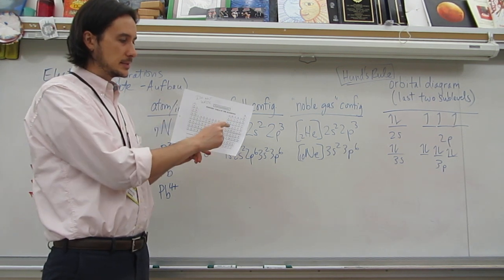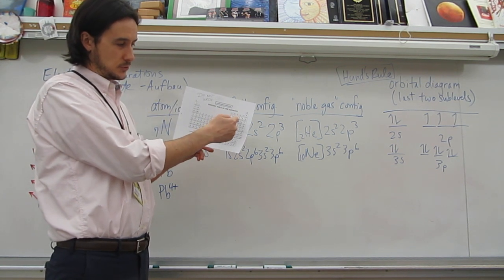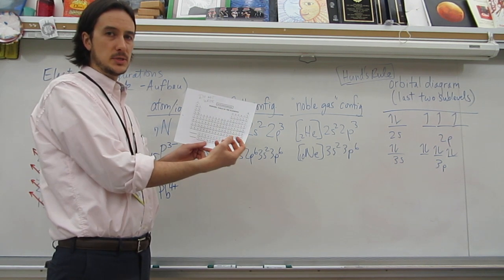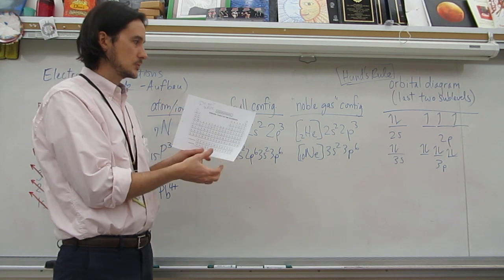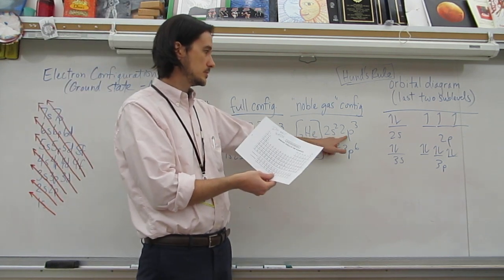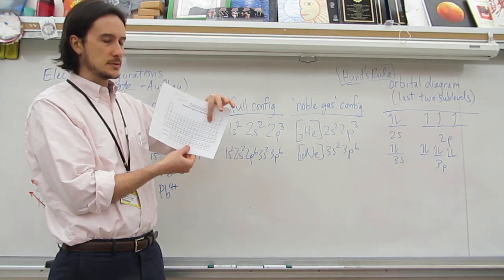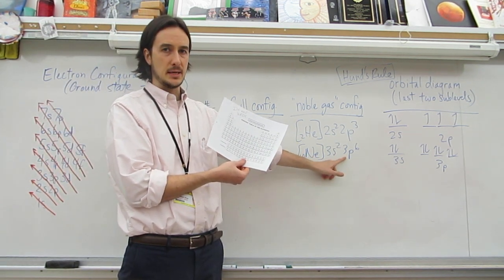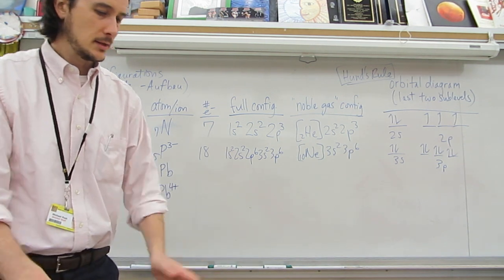So we expect that, especially if they're neutral, the last electrons that we see are going to be P electrons, and we see that for nitrogen, right? 2p3. The phosphorus is a phosphide ion, so it has an extra 3, but we still see a 3p, right? We see these P electrons.